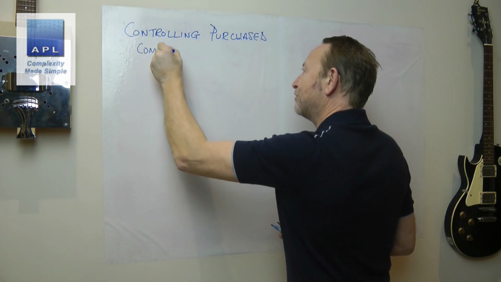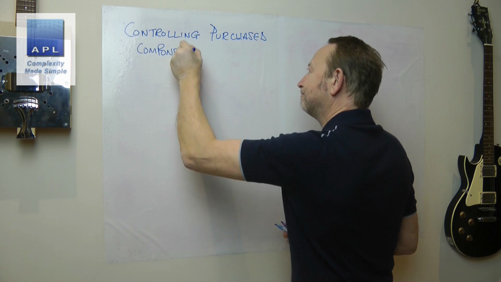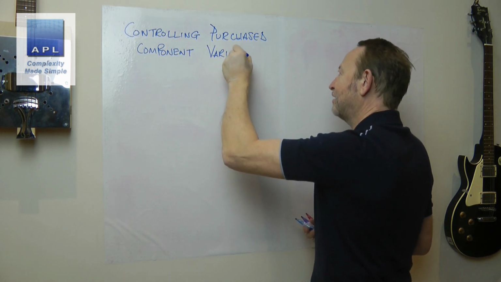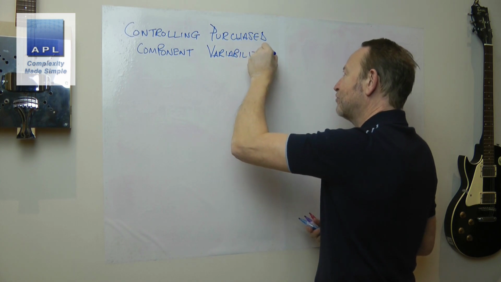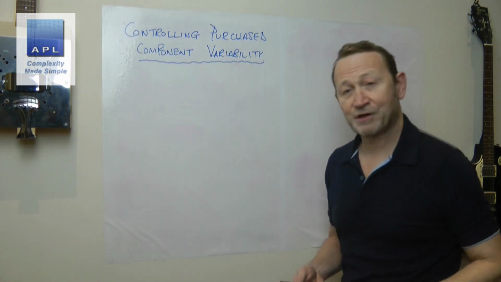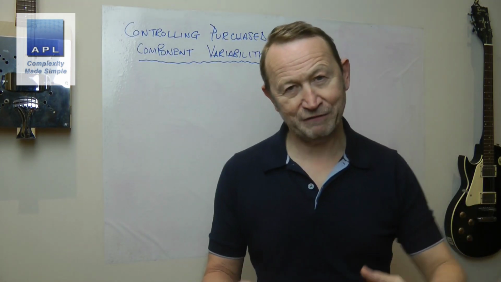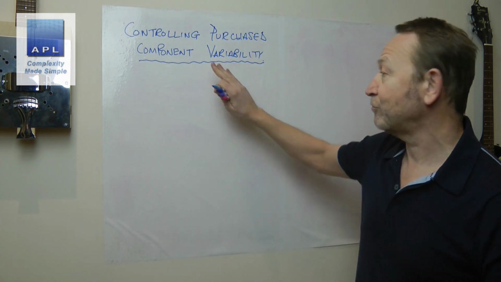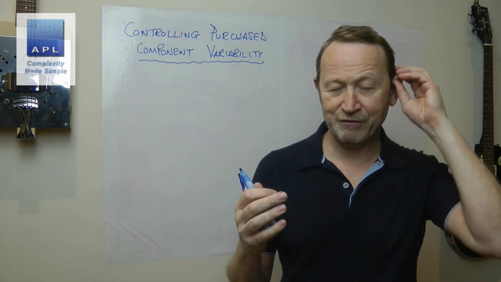I'm just going to call it controlling component variability. The questioner suggested that the components were not to specification, or weren't working properly in some shape or form.